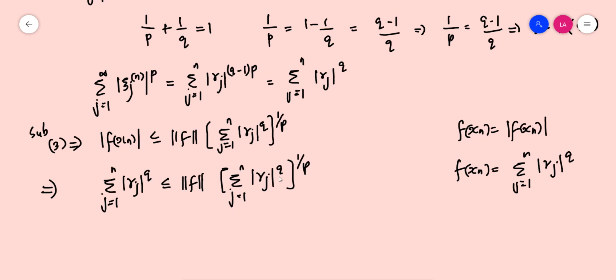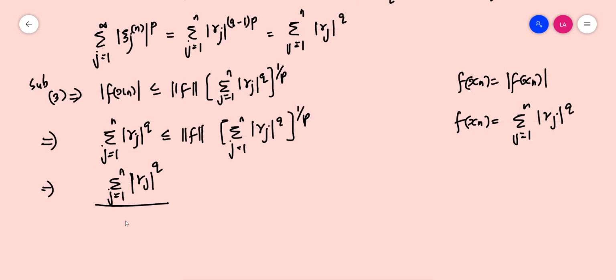So if you move this onto the left hand side, this becomes summation j is equal to 1 to n modulus of gamma j the whole raised to q divided by summation j is equal to 1 to n modulus of gamma j the whole raised to q the whole raised to 1 by p.